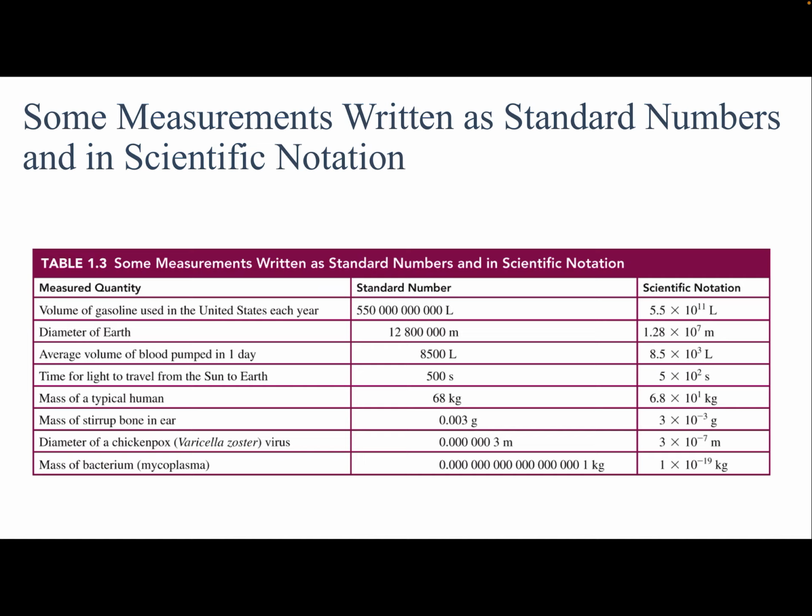And lastly, the last thing I wanted to show you, just to remind you that chemistry does still include numbers. These are some measurements and some scientific notation and standard numbers. So you can see different units like liters, meters, seconds, kilograms, grams, but also standard number and scientific notation.